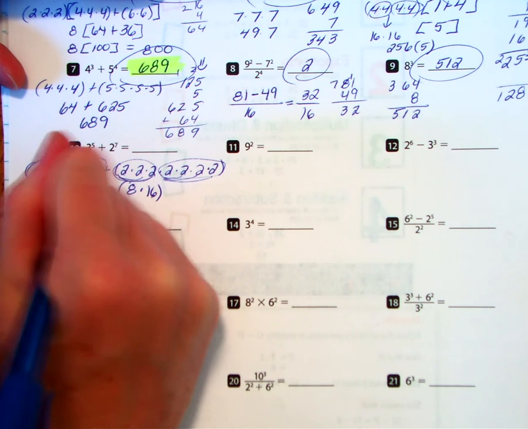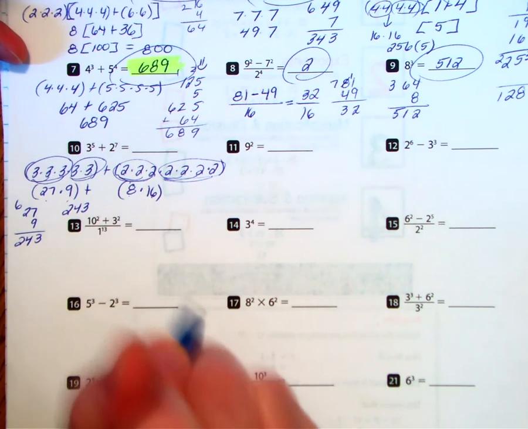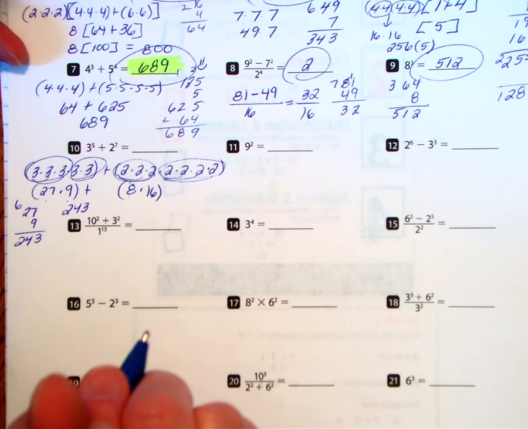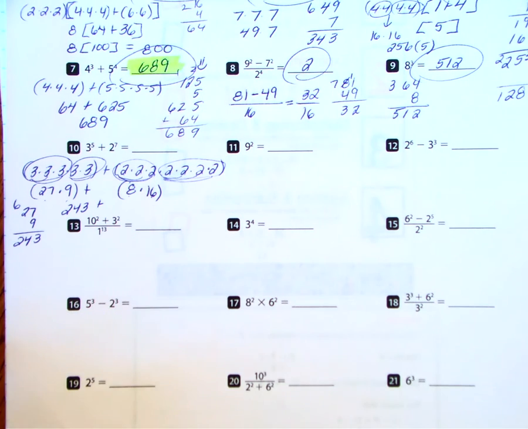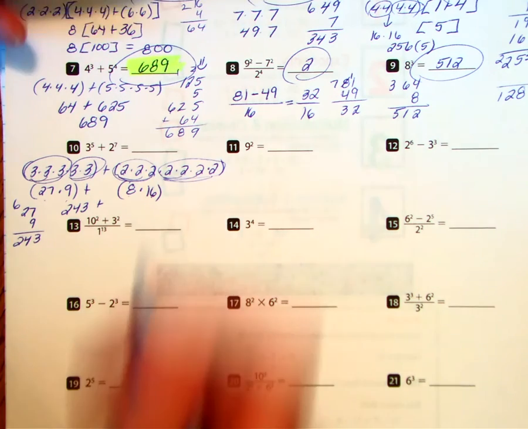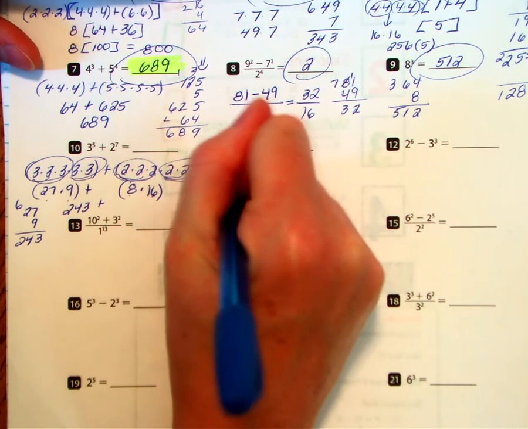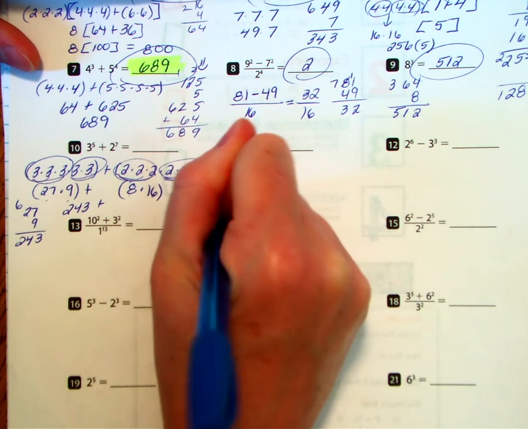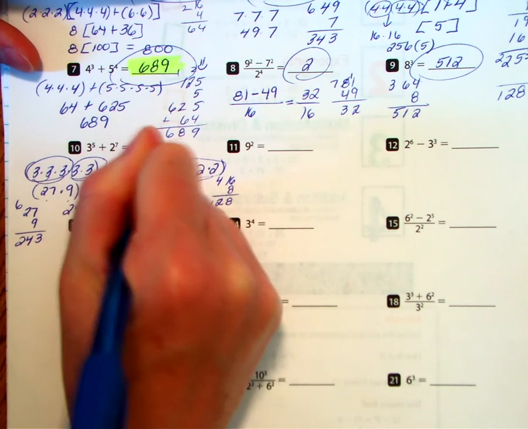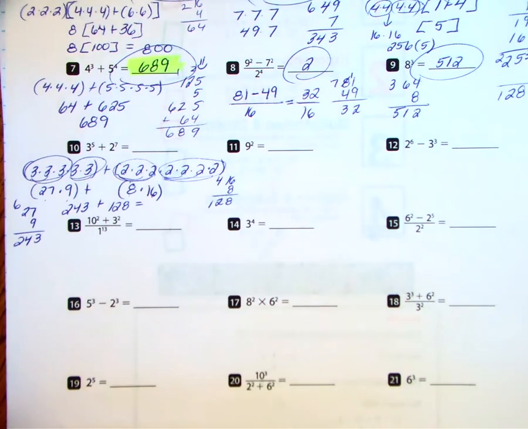Which is 243. I'm looking to see if we did that earlier. I'm going to test if it's really 243. It is. And then 8 times 16. Okay. So 2 to the 7th power is supposed to be 128.